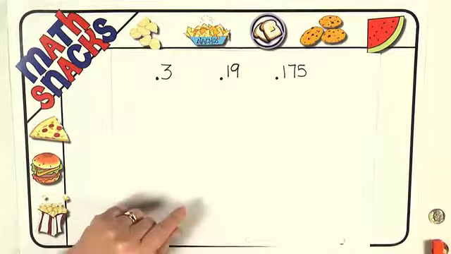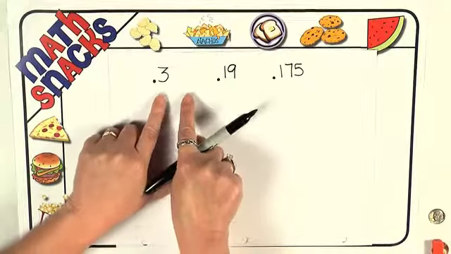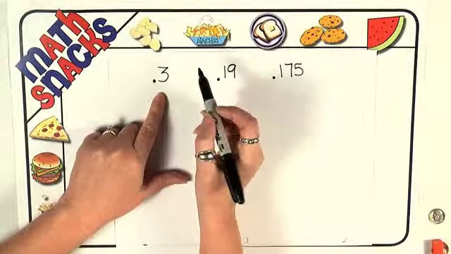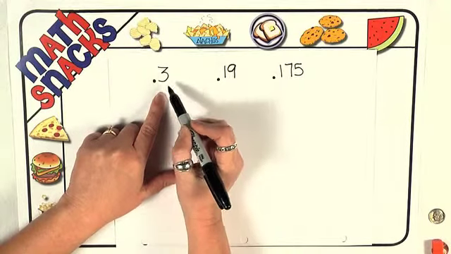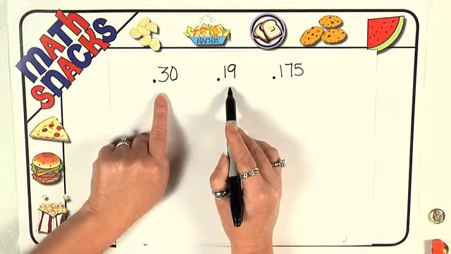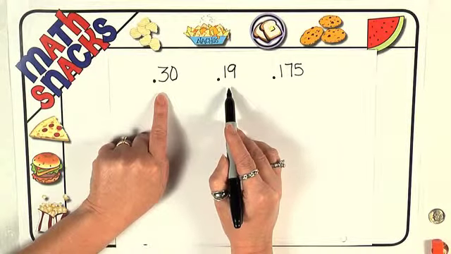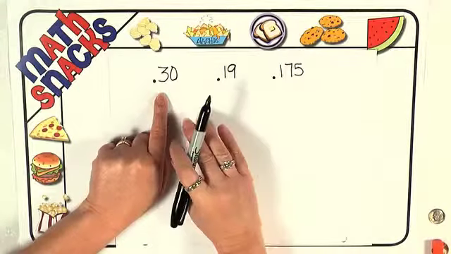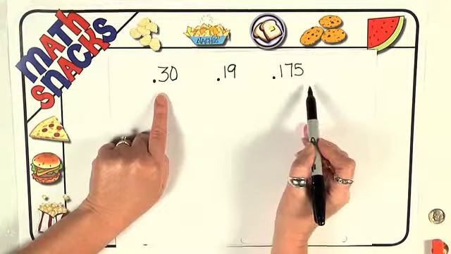Okay, I'm going to go back to what I learned before. To make these apples to apples, I know that 3 dimes or 3 tenths is 30 hundredths. If I take that same thought process, this is like 17 hundredths, but they need to be the same.